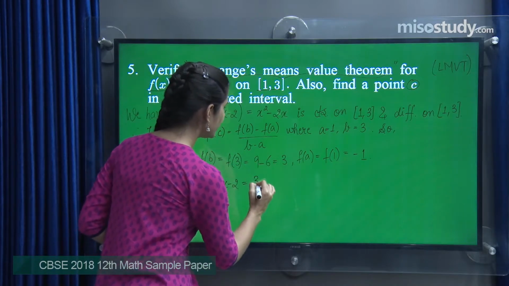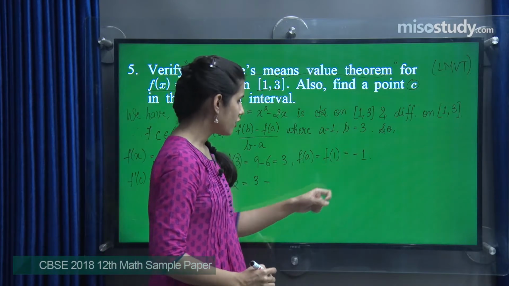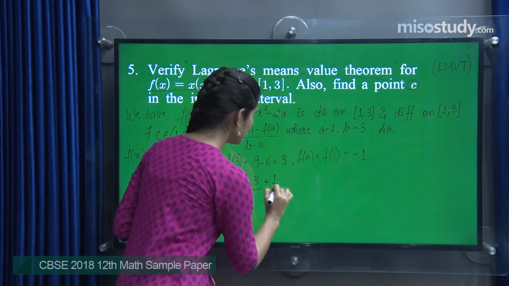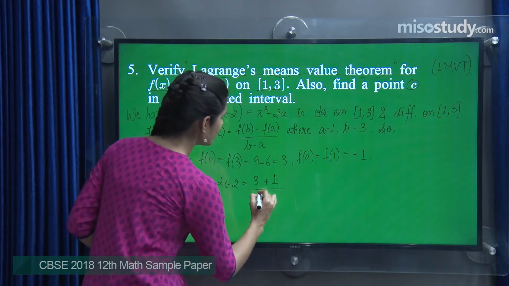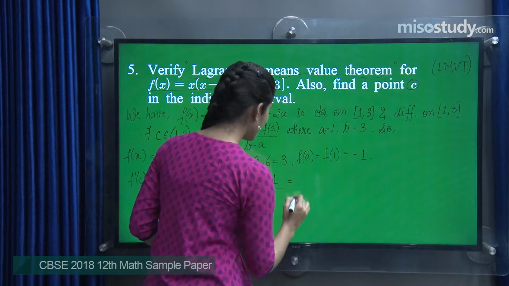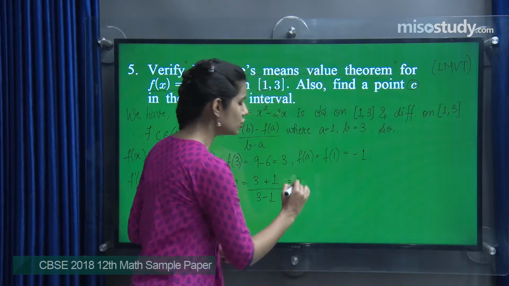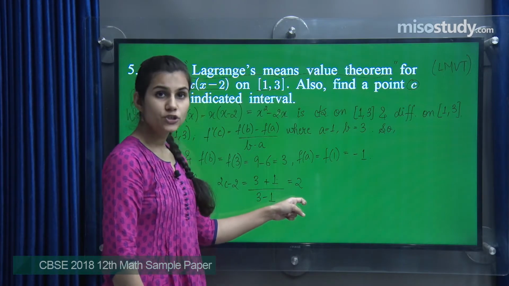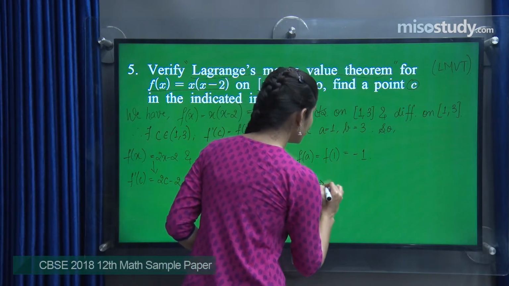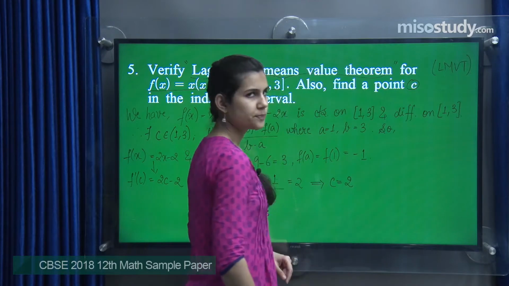F of b is 3 minus f of a. F of a is minus 1, so this becomes plus 1 whole upon b minus a, which makes it 3 minus 1. And what is it that you get? You get 4 upon 2, which delivers you with a 2. You get 2c minus 2 equals 2, which gives you 2c equals 4, which gives you c equals 2.